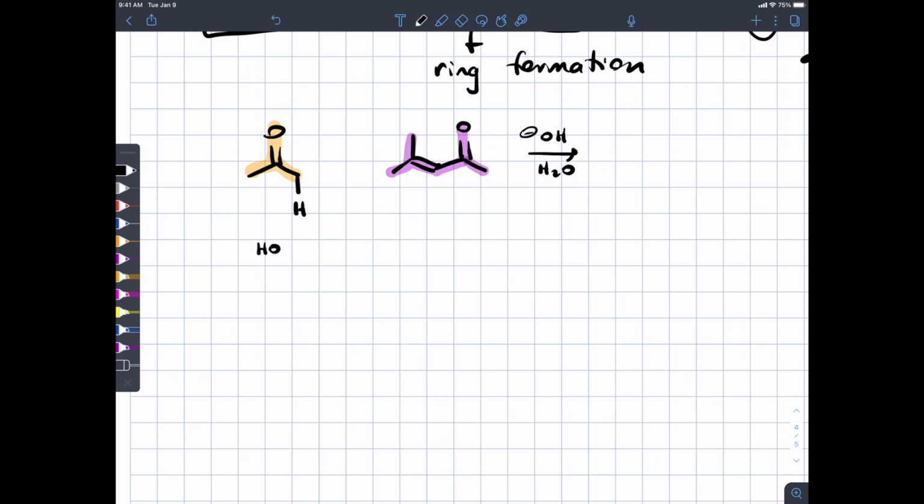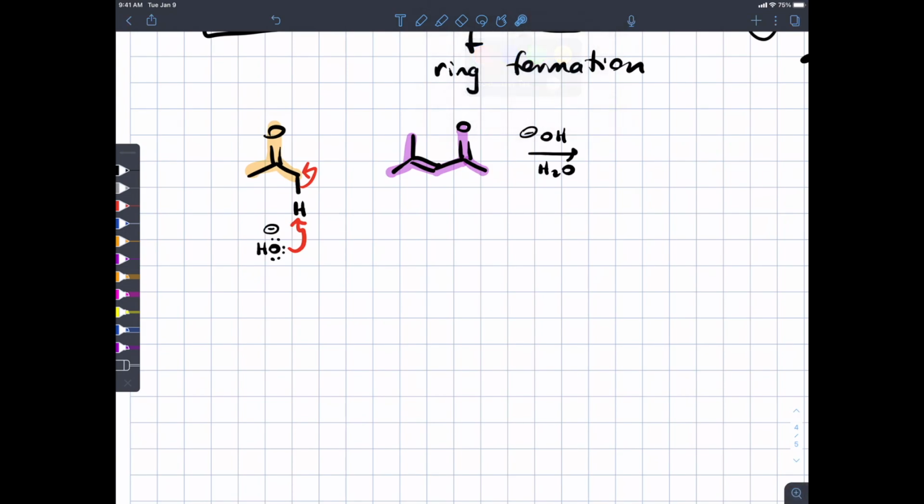Now, in class today, I got the question, how do I know that the base removes the proton on the orange molecule, alpha to the orange carbonyl, versus this proton, this carbon that's alpha to the purple carbonyl?